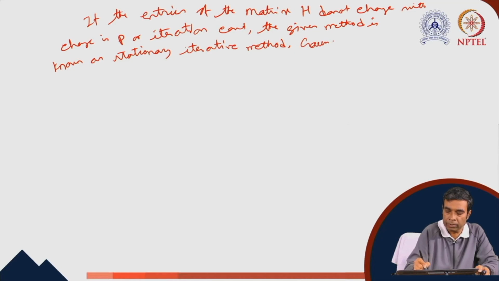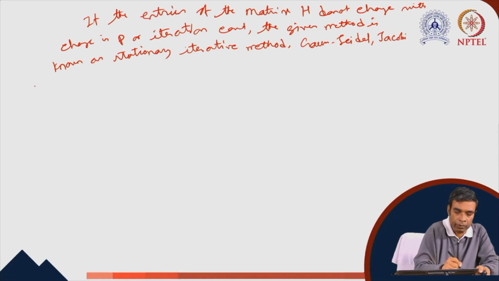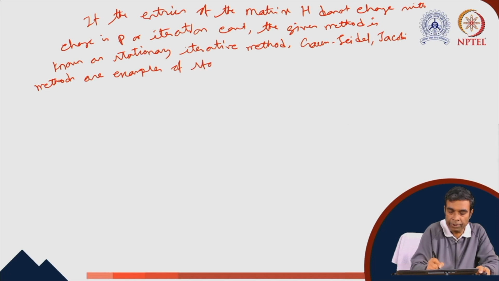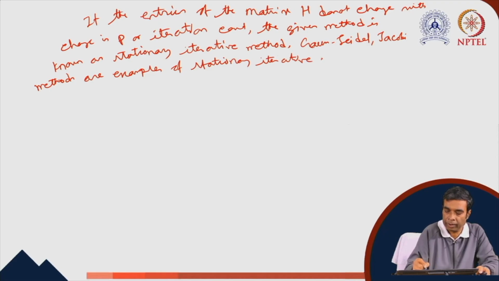Gauss-Seidel and Jacobi methods are examples of stationary iterative methods.